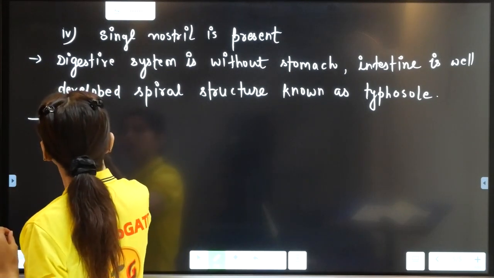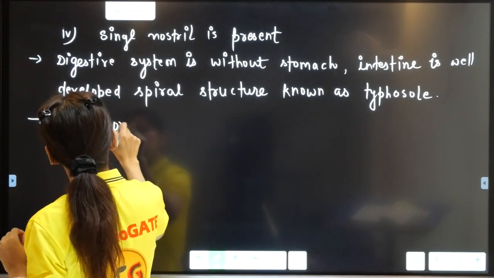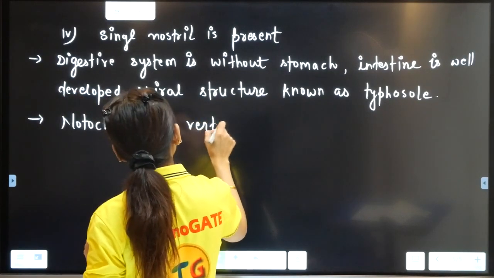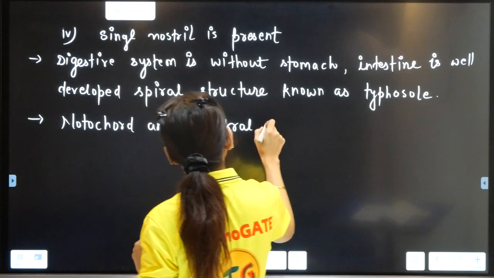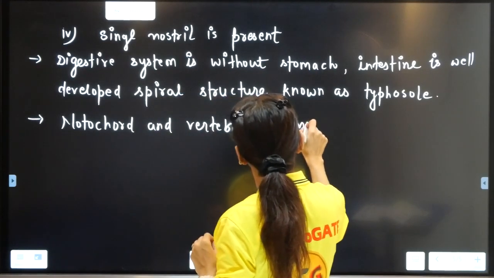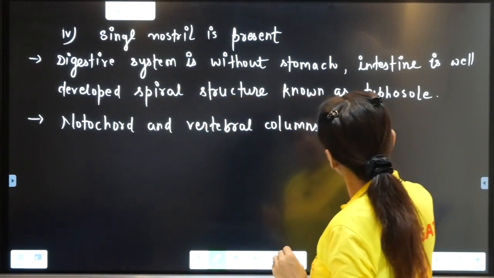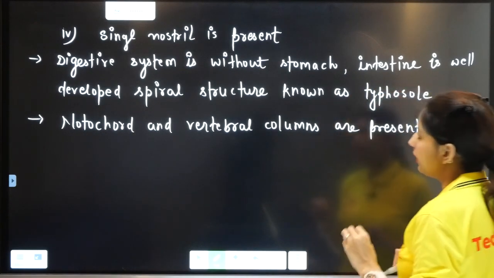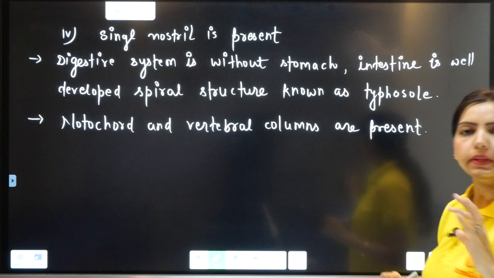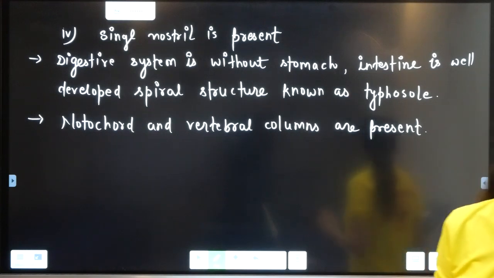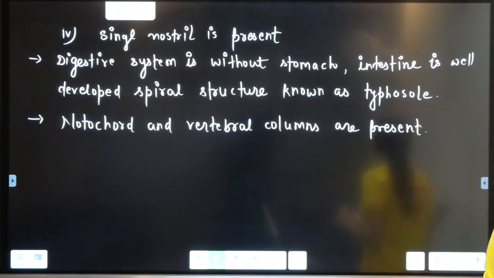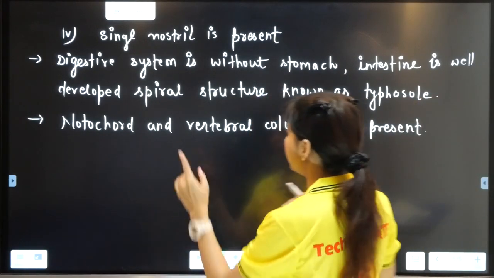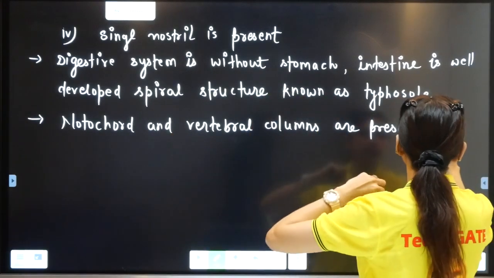Notochord and vertebral column are present. Now the vertebral column will be there, but it will be cartilaginous only, okay? It will not be formed of bones or likewise, because they are less developed. So notochord and vertebral columns are present.